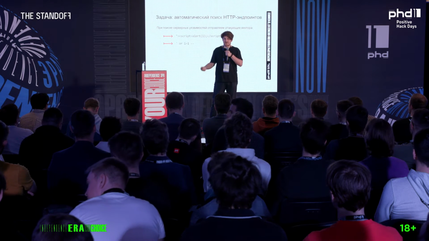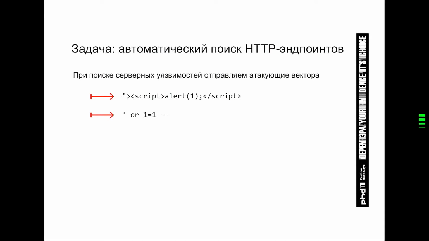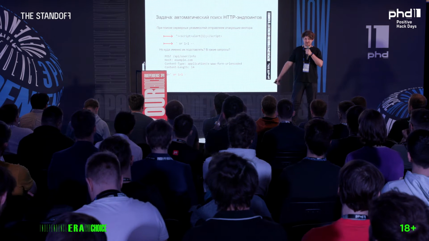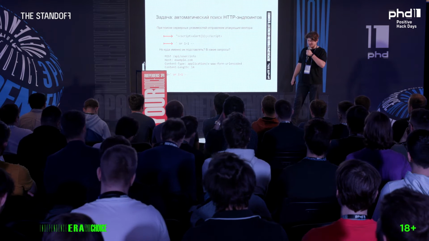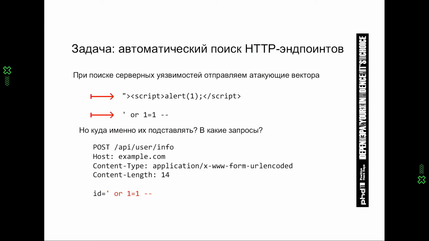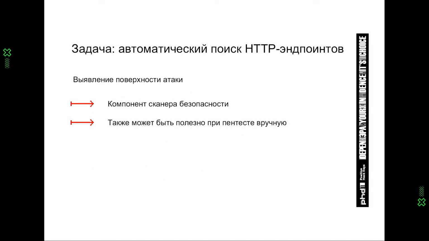So, what is the task that we're resolving? We would like to find vulnerabilities in web applications. We know how to send attack vectors, but where to put the inverted commas. You can see the vectors in red arrows, but we need to know more. We need to know the URL and other parameters, and we want to do it in automated mode.